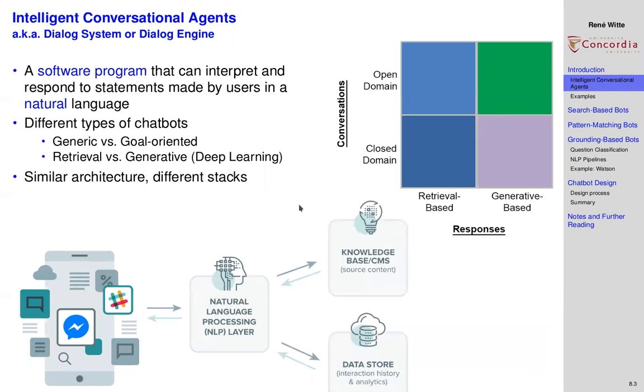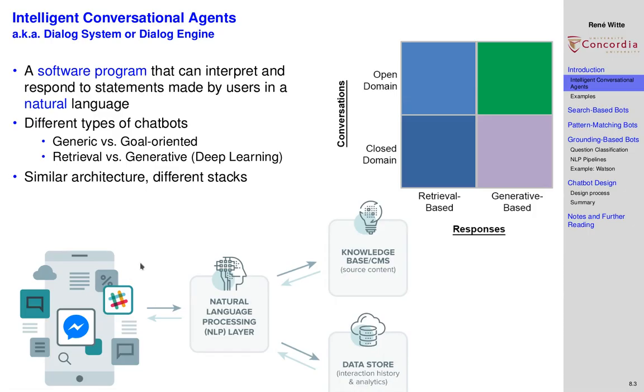I mentioned that overall, the existing bots today have a similar architecture, but of course, the concrete software stack behind it differs on how you implement it. So you have some kind of integration with other messaging systems.